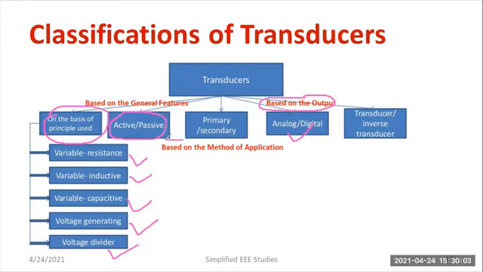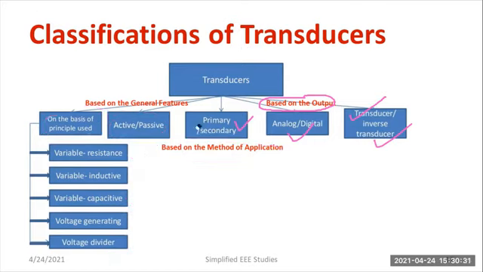Based on the method of application, you can divide the transducer into primary transducer and secondary transducer. Finally, based on the conversion of electrical quantity into non-electrical quantity and non-electrical quantity into electrical quantity, you can divide the transducer into normal type of transducer and inverse transducer. So these are the broad classifications of transducers.